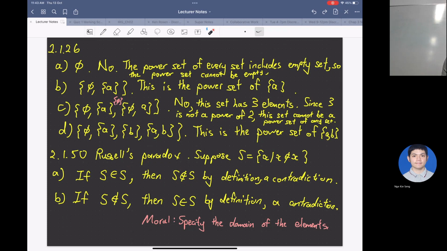If X is not in X, satisfying this condition here, then X is in X again, but this contradicts your assumption again. So the moral of the story is you need to specify a domain for your axiom. Okay, you cannot just consider everything.